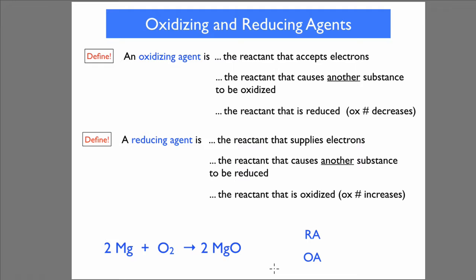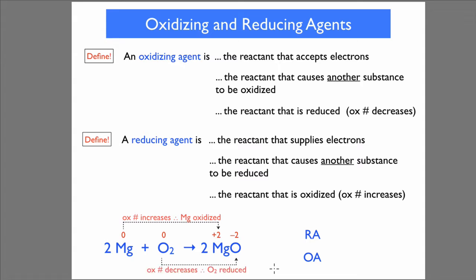Here we've got magnesium and oxygen giving us magnesium oxide. Obviously 0 and 0 to begin with, both in the elemental states. And then we get the ion. Magnesium is the cation, oxygen is the anion. Magnesium has increased in oxidation. It has lost electrons. Okay, oxidation number is increased. Therefore, magnesium is oxidized.